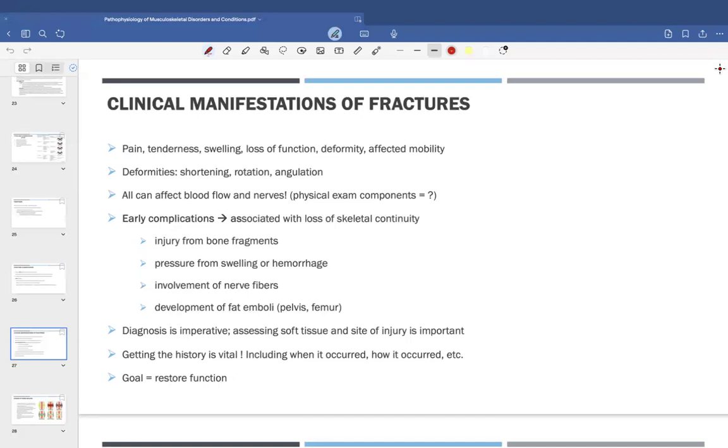These little globules of fat can get into the bloodstream once they've been disrupted in that medullary cavity and get picked up and embolize and then lead to strokes, pulmonary infarctions, and even coronary infarctions. Okay, so realize that this is not benign.